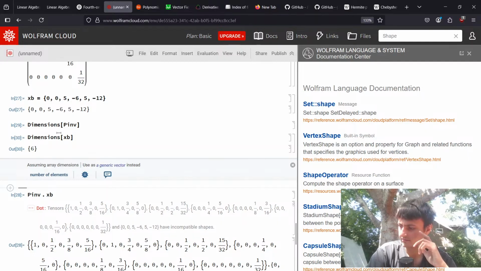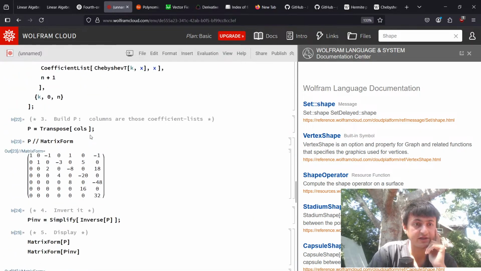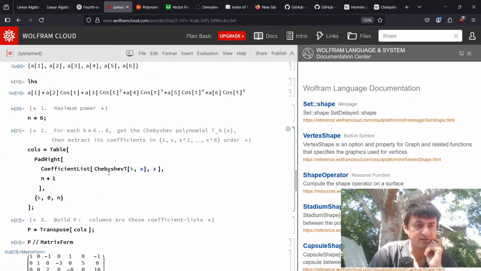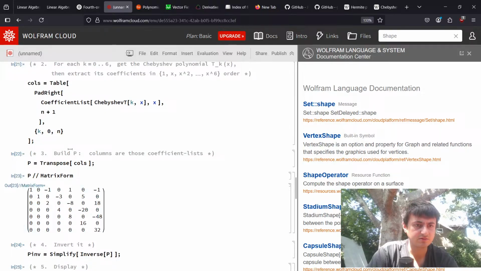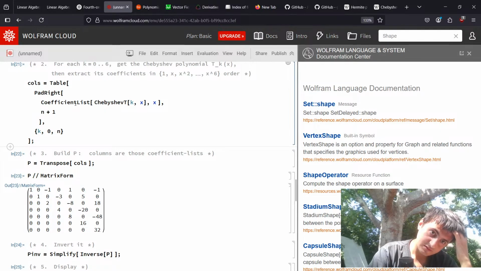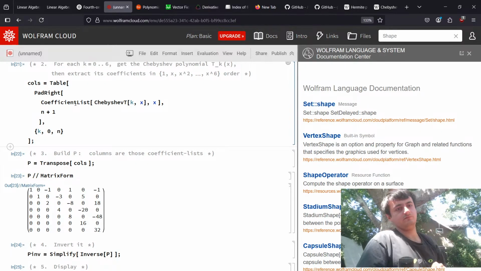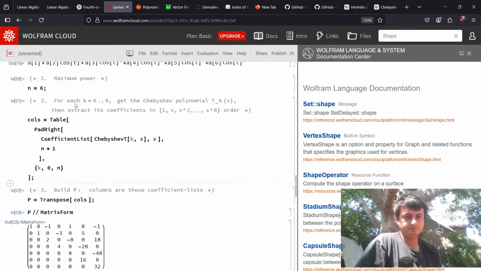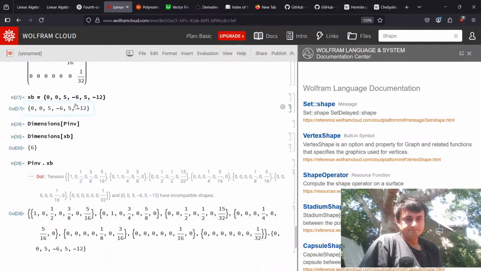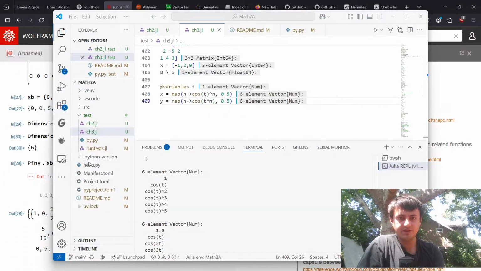And then 6. Okay, wait. But the highest power is, can I look at coeffs? Wait, but coeffs are just the coefficient list. But it's only supposed to be 6, right?